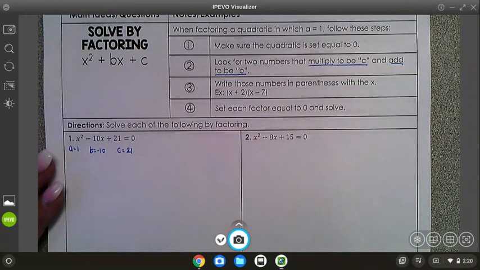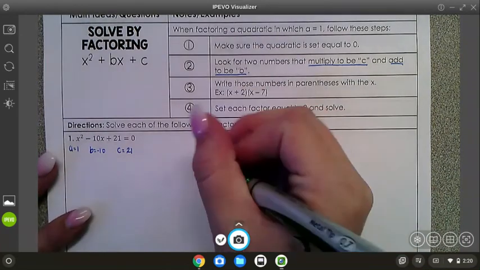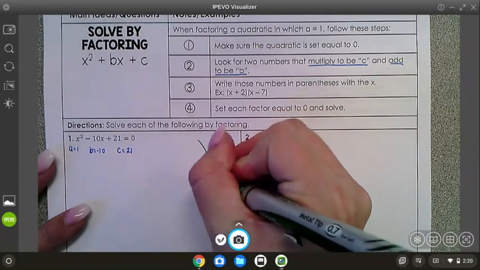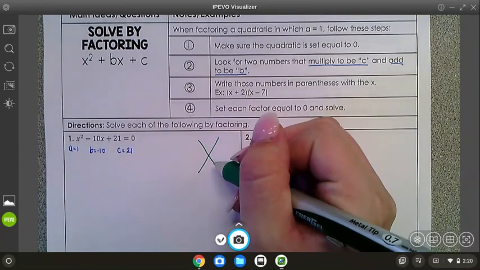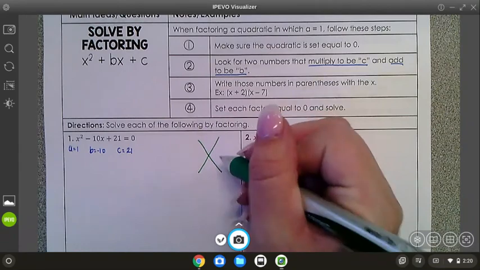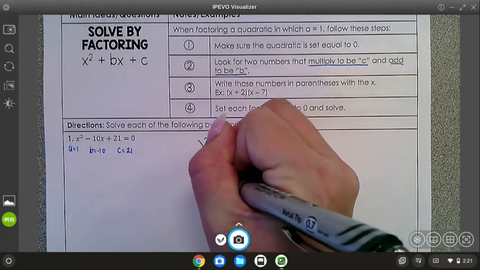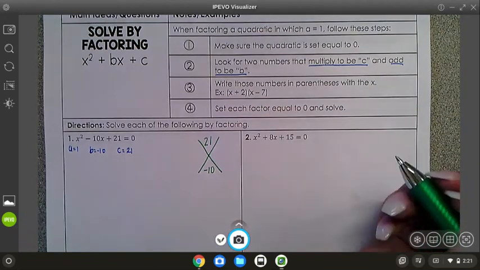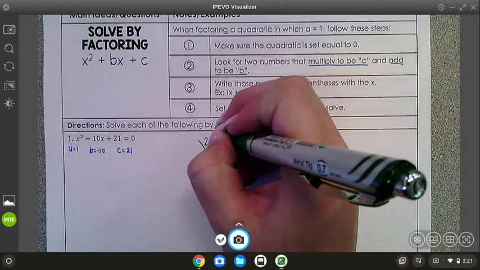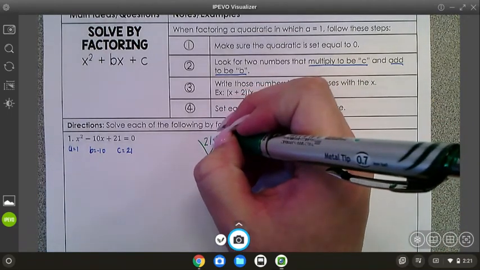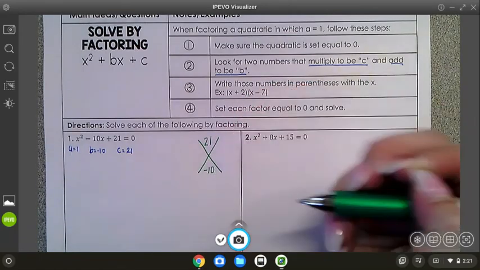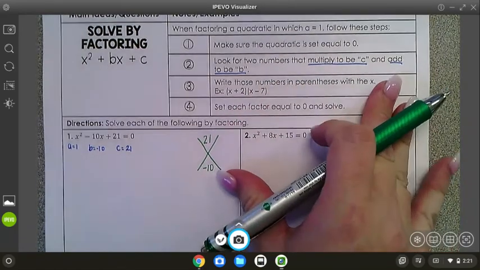So in example 1, and I will do this X method, it really doesn't do anything except organize your numbers. So we're going to put 21 on top, negative 10 on bottom. We're looking for two numbers that multiply to be 21, but when I add them, I get negative 10.